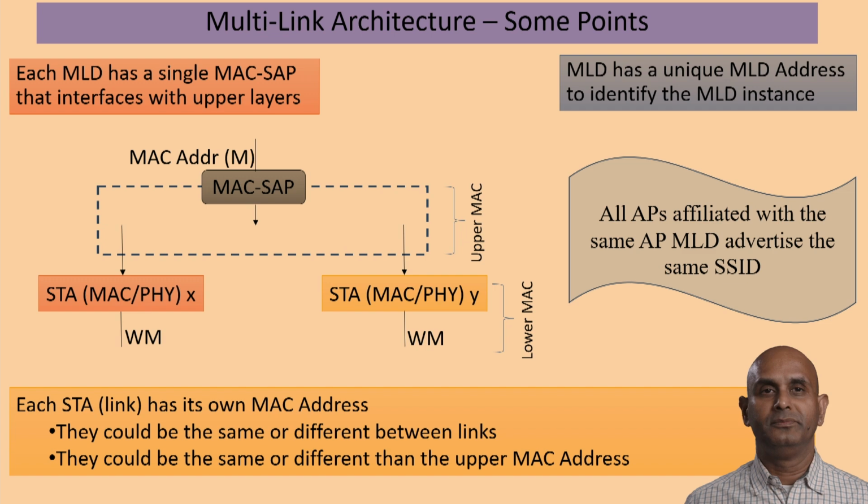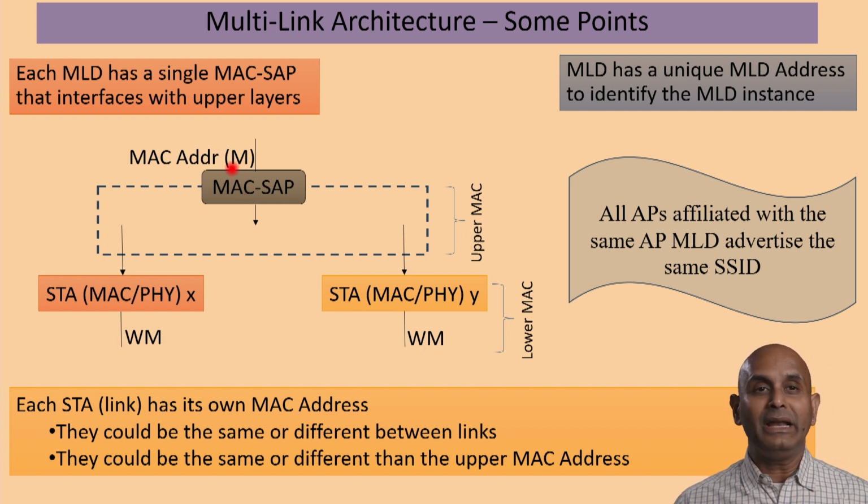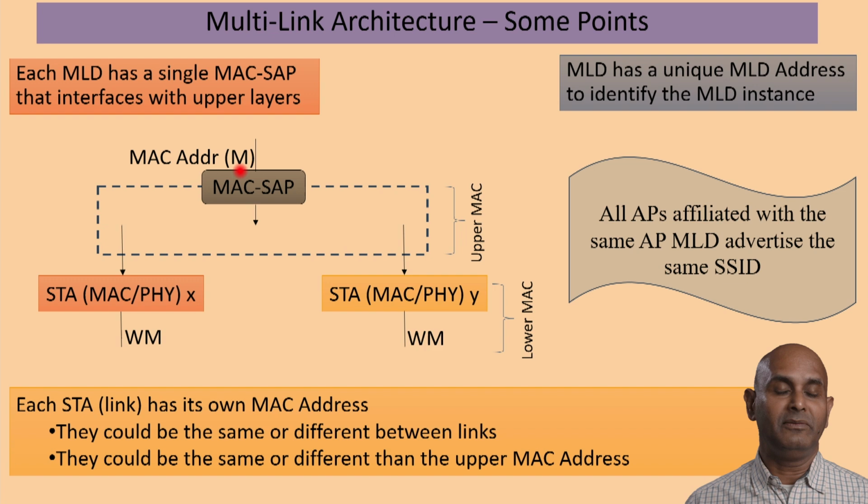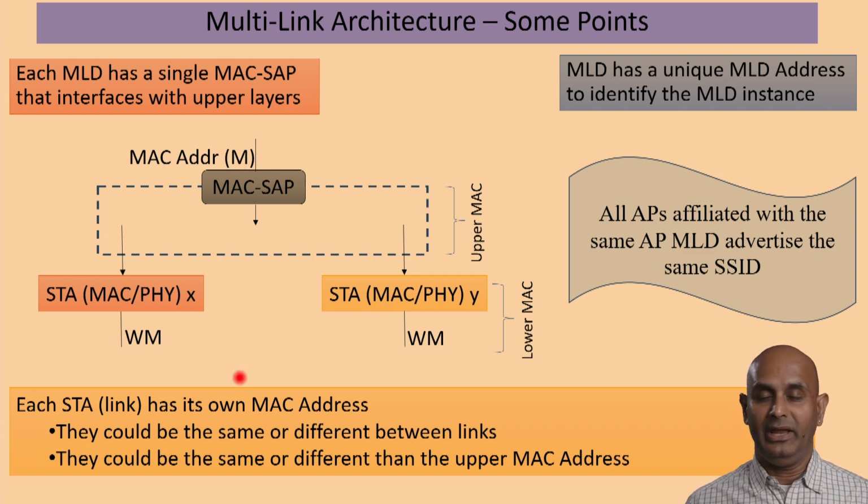What's the next one? So MAC addresses, again, anybody working in the 802.11 Wi-Fi space, we're already familiar with all the MAC addresses going on in the air. We now have a new term there called MLD MAC address. This is the MAC address which is going to be handled at UMAC, which I just introduced. And that will basically be the binding MAC address at the multi-link level between the AP and the client. In fact, I should strictly say it'll be between the AP MLD and the non-AP MLD.